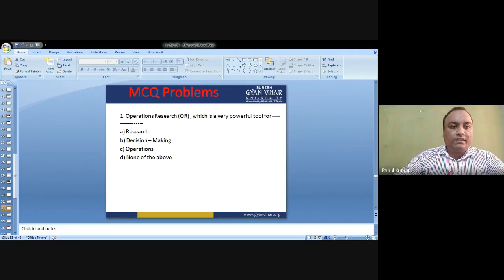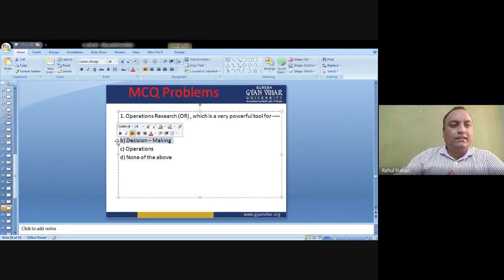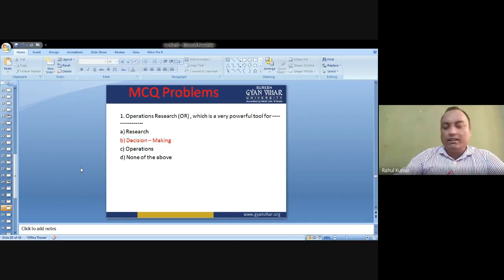What is the correct answer? It is a powerful tool for decision making. So this is the correct answer for this question. The correct answer for this question is here.